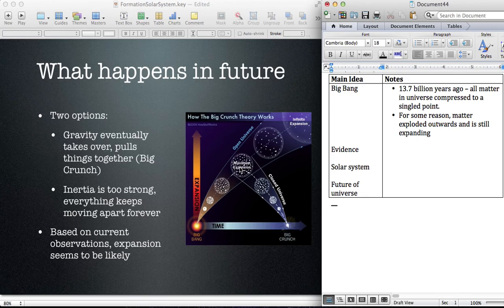One theory says that the universe will stop expanding and then gravity will take over and pull things back together into what's called the Big Crunch. The other option is that inertia of all these galaxies moving apart is too strong and everything keeps moving apart forever. And based on the observations that we've made of galaxies and things in the sky, it seems like this second option, right, expansion, seems to be more likely, that the universe will keep expanding forever as best we can tell.